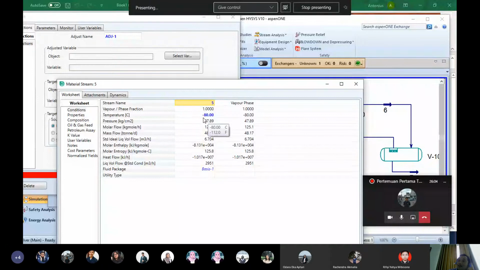Actually, it's not 100% correct. We have to readjust this value until the minimum approach of my heat exchanger reaches around 5 degrees C. So how do we do that?